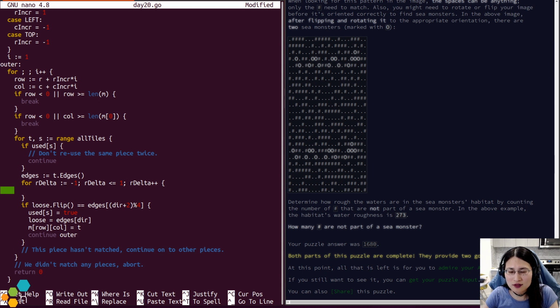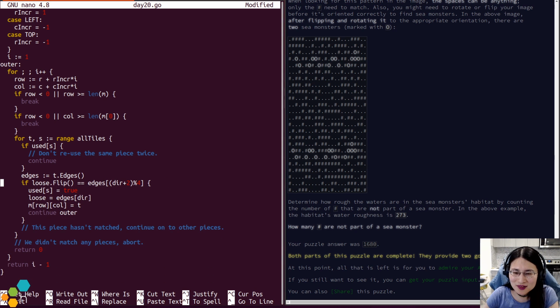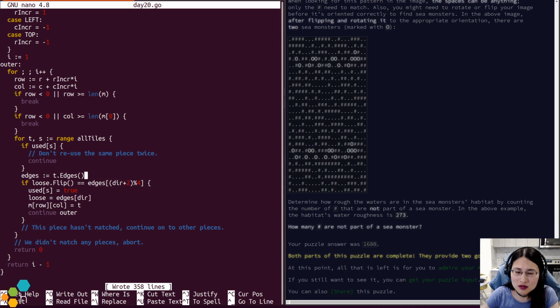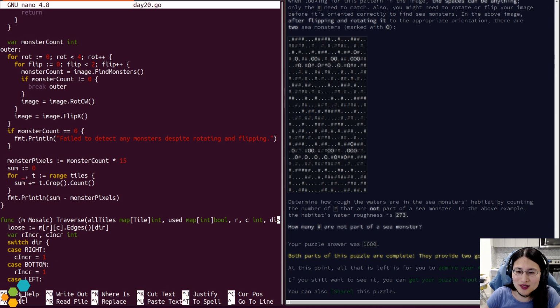Wait, that's going to generate 8 things around it, including the diagonals. I don't need to do that. Okay, so I need a function to check edges on a mosaic.